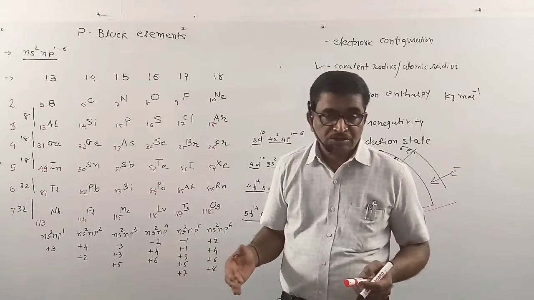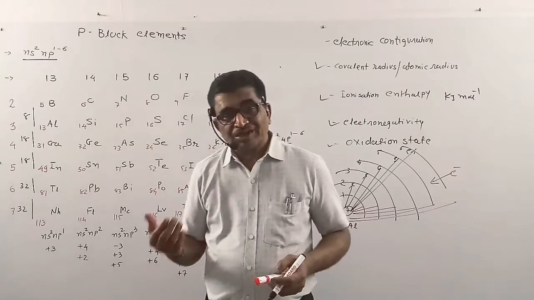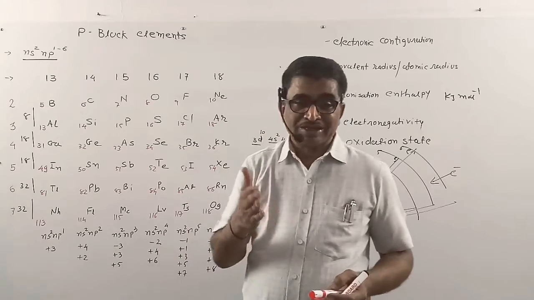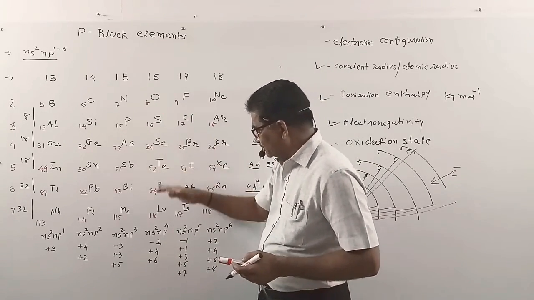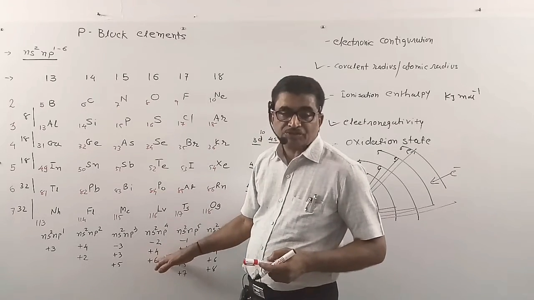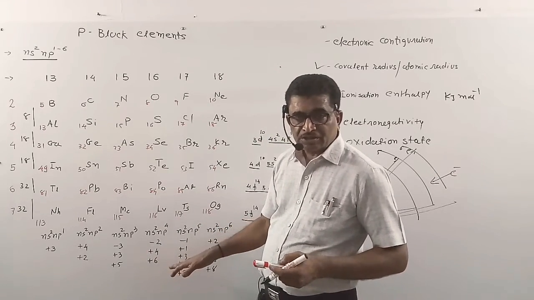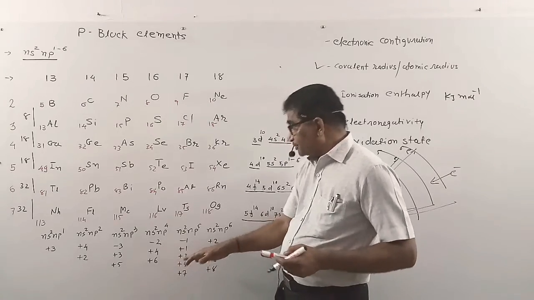If strongly electronegative elements like chlorine and oxygen come near selenium, tellurium and polonium, the +4 and +6 oxidation states can be obtained.